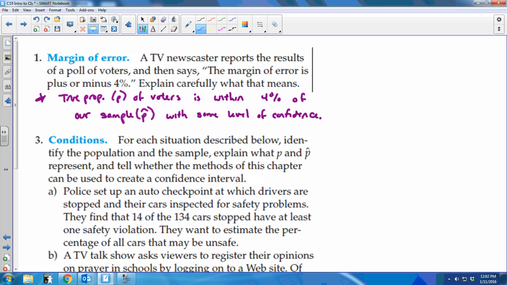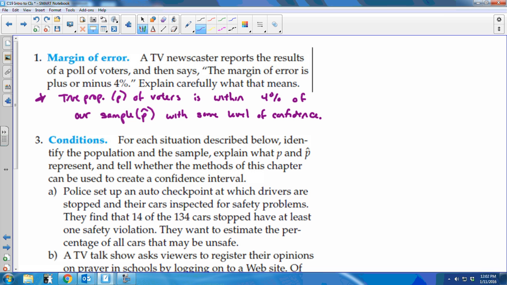Then you need to check the conditions. If you're going to base this all on an estimated sampling distribution model, then you have to check your conditions first. That's why I told you in chapter 18 that they weren't going away. Because tomorrow when we calculate stuff to actually make an interval for chapter 19, the first thing you have to do is check the conditions. All right? They're not going away. So, I will not go through this.